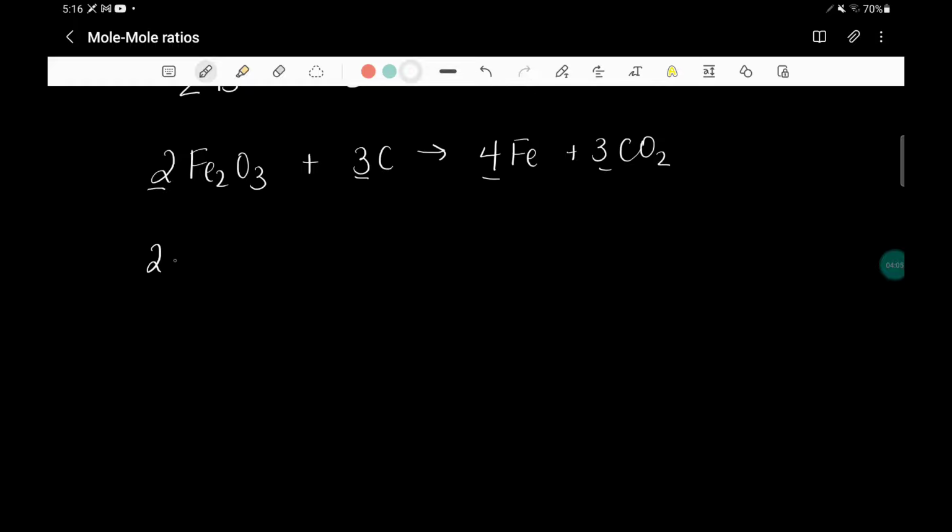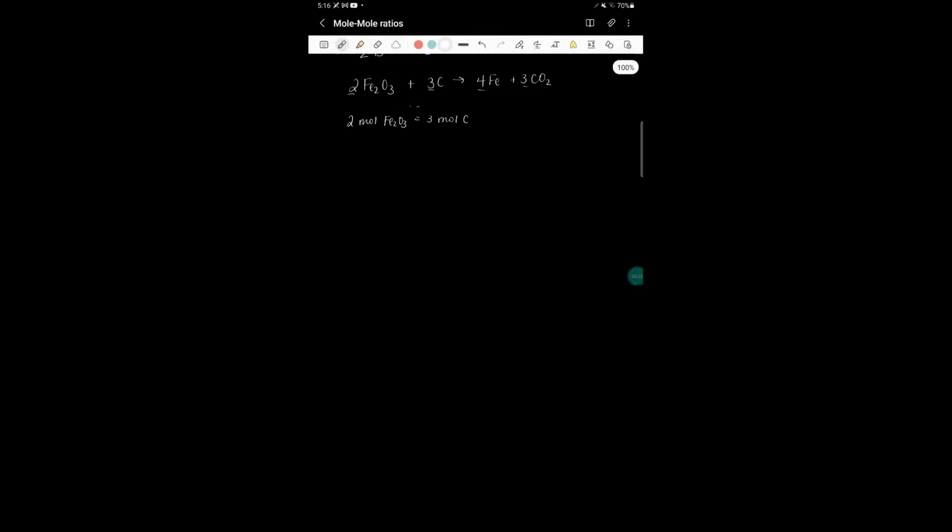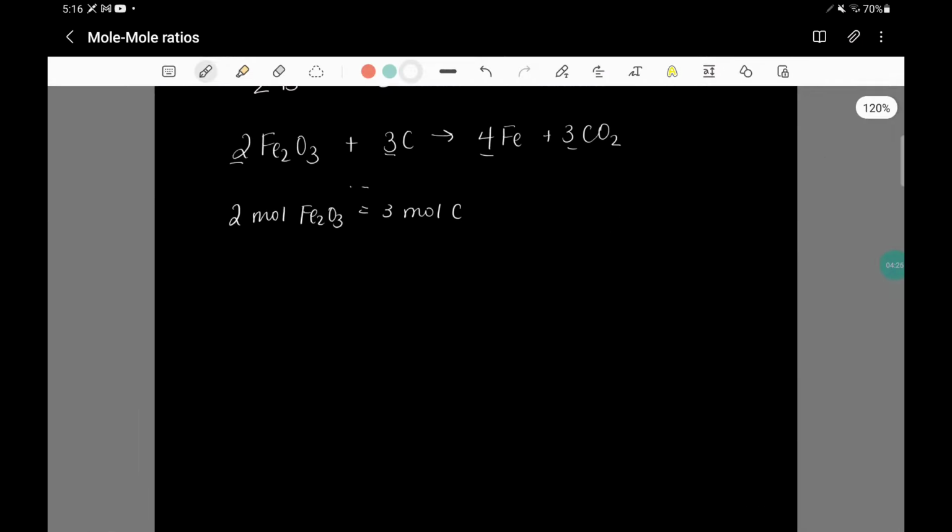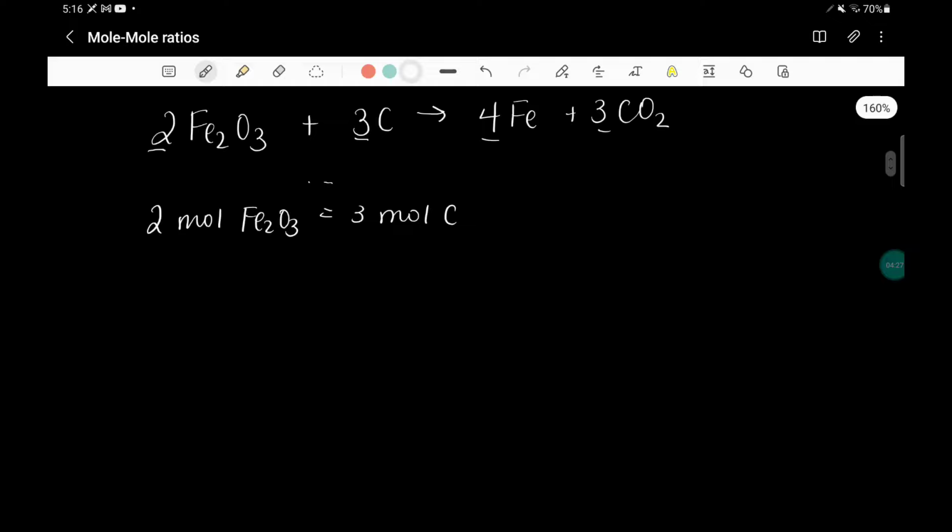So we could say 2 moles of Fe2O3, iron(III) oxide, that's in ratio. So I'm going to write my equal sign with 3 moles of carbon. So if I was focused on figuring out how much carbon I needed to react with a certain number of moles of iron(III) oxide, that's the ratio I would use.